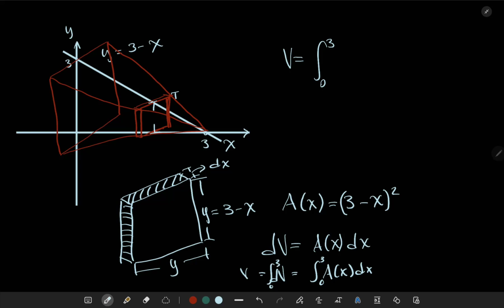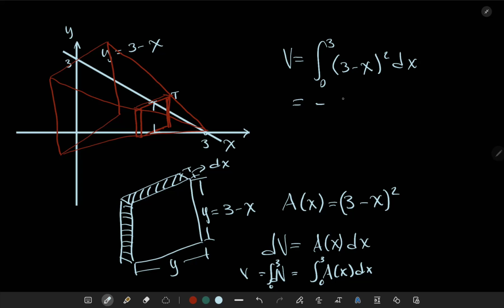All right, and so that A of x, I can plug it in now, is going to be 3 minus x squared dx. And now it's just a matter of integrating this. I use substitution. I can make u equals 3 minus x. That's probably the easiest way to do it. And it's going to give me a negative, because when I do the du, it's going to be negative dx.